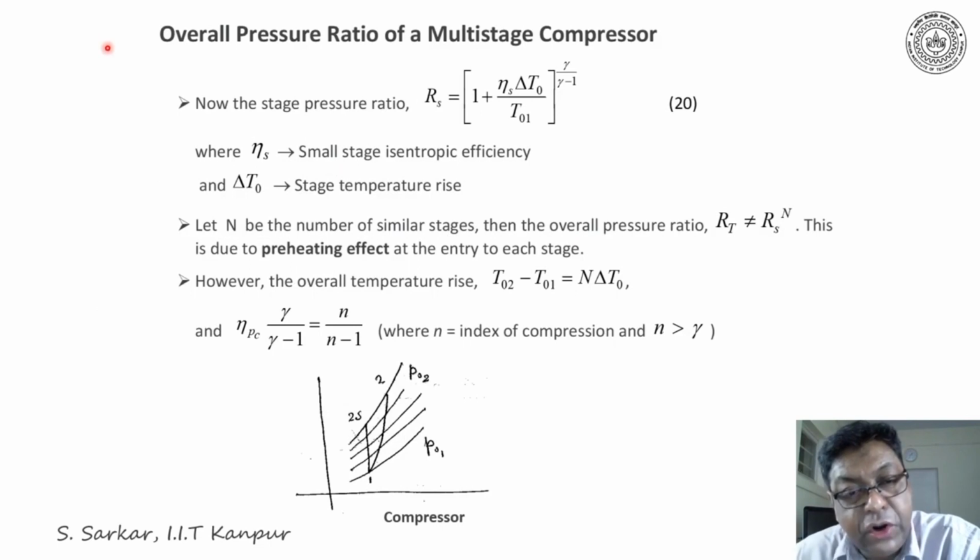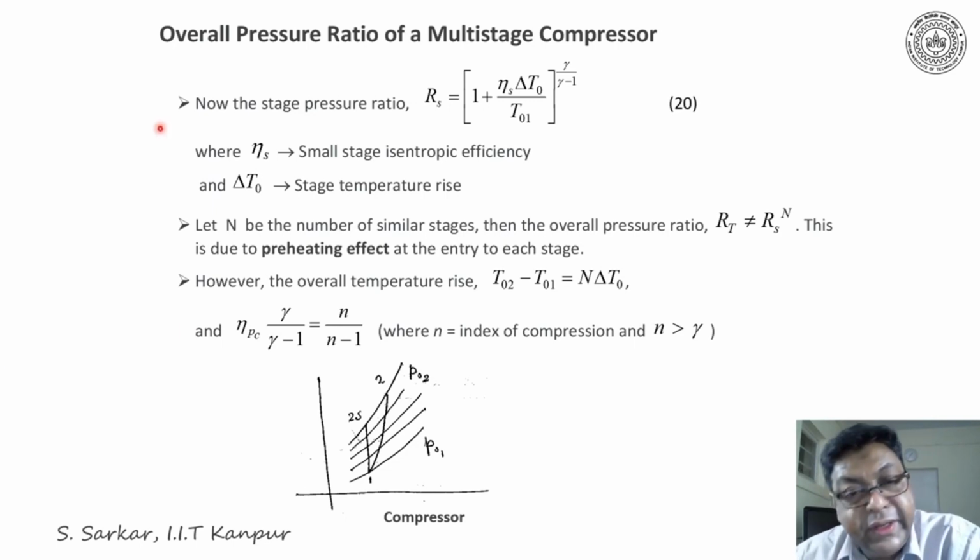After a discussion on polytropic efficiency, let me discuss now the overall pressure ratio of a multi-stage compressor. And here, as indicated in the TS diagram, the increase in pressure occurs through a number of stages.